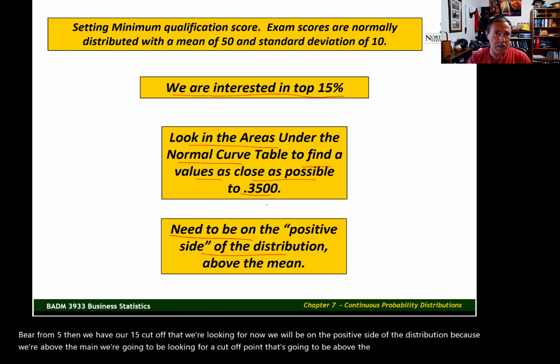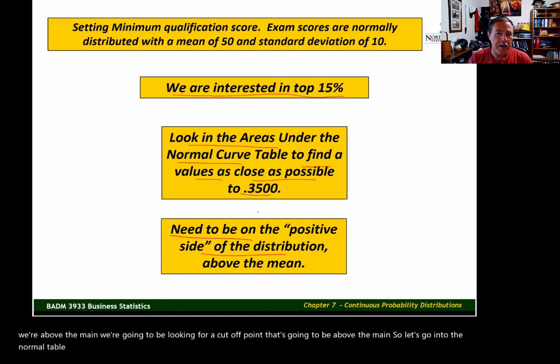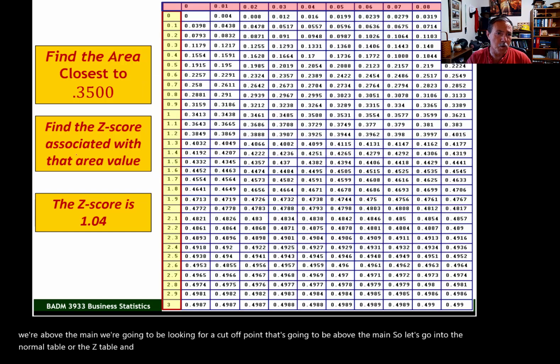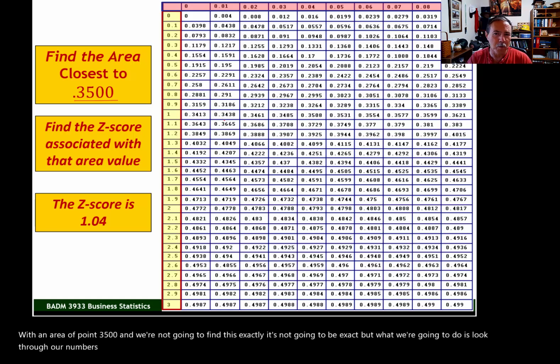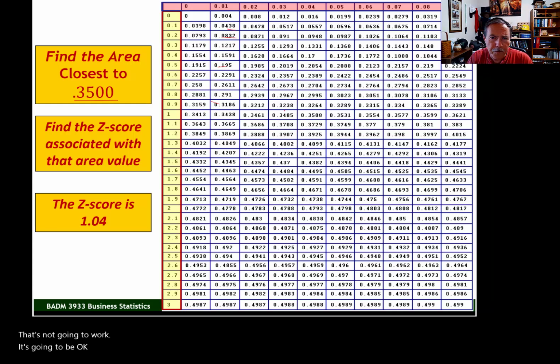So let's go into the z-table and find a z-score associated with an area of 0.3500. We're not going to find this exactly, so we look through our numbers. That's not going to work. Here, 0.34, 0.32, now we're getting closer, 0.37, okay, and there's 0.3508. Is there anything closer to 0.3500 than that?